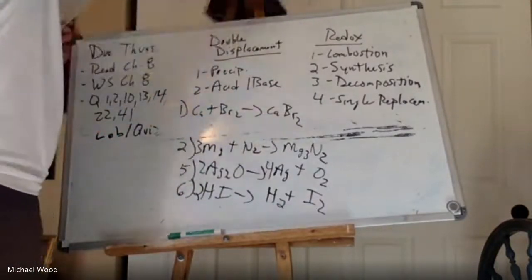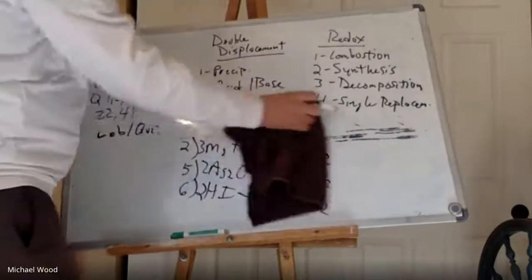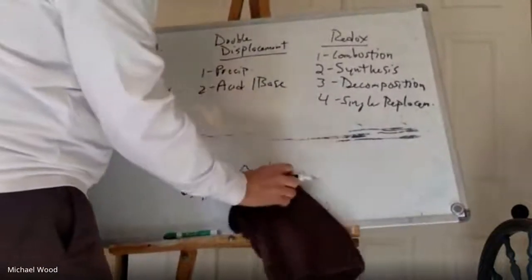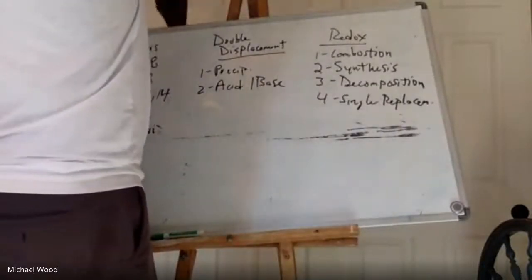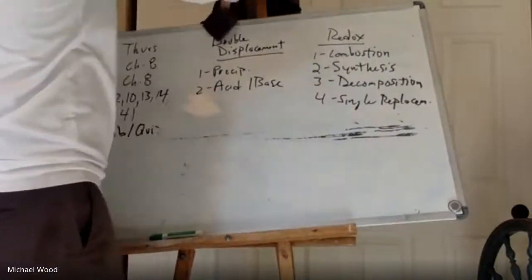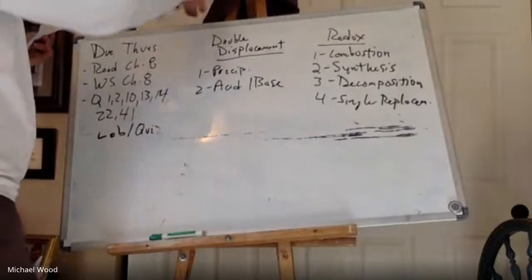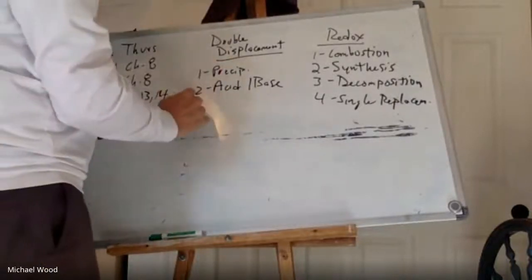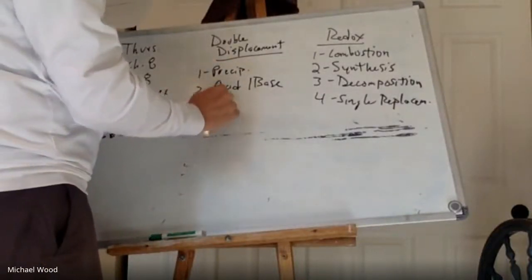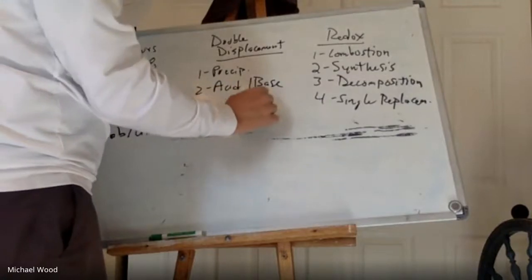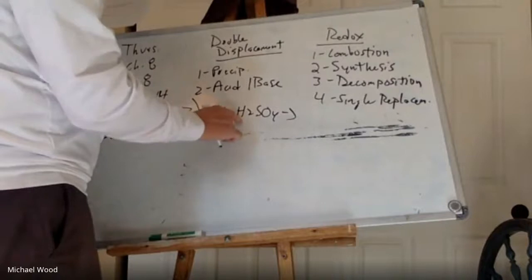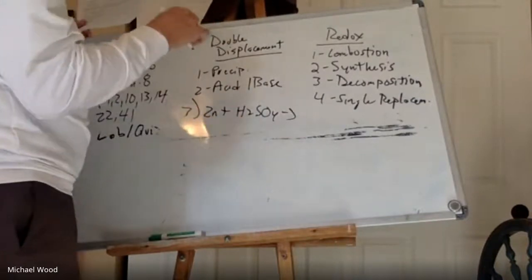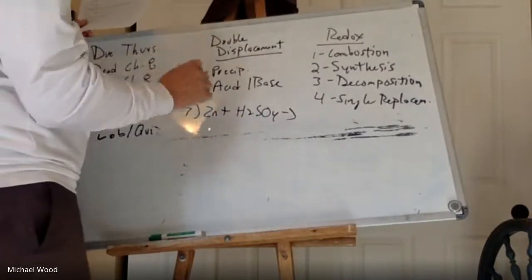So number 8 is, to me, where I really need my periodic table, because when it's single replacement, I need to know if one element can replace the other element. But number 7, I've got zinc plus H2SO4. And so the metal would replace hydrogen. Now again, you got to look this up, but I'm pretty sure that this happens.